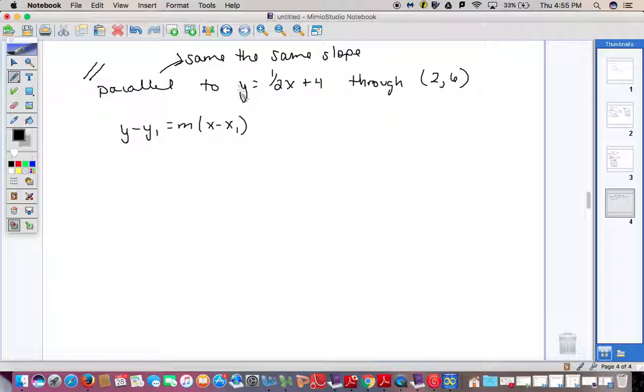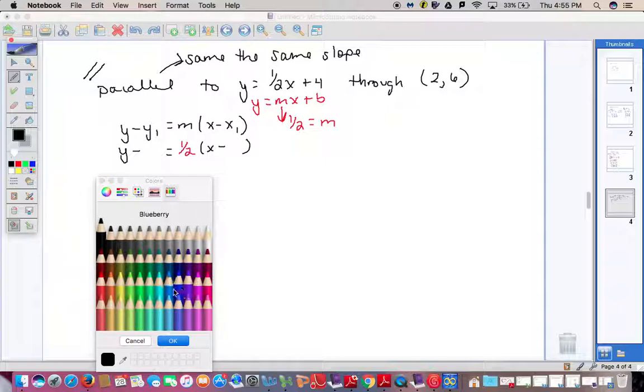So I have to first identify what my slope is of the line. And this is in slope-intercept form, so I have y equals mx plus b. So my slope is 1/2. So slope is equal to 1/2. So I'm going to substitute that in here for the 1/2. I've got this ordered pair over here, 2, 6.